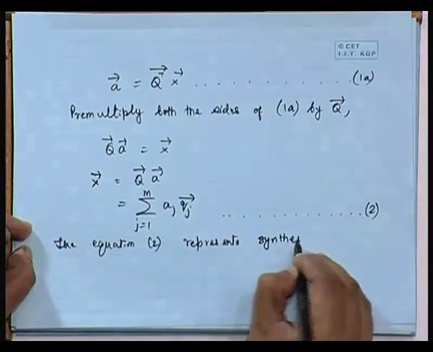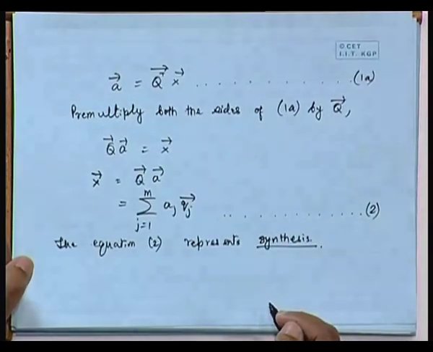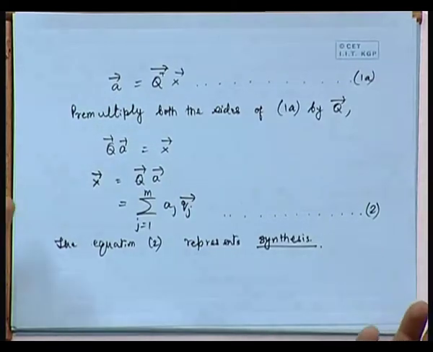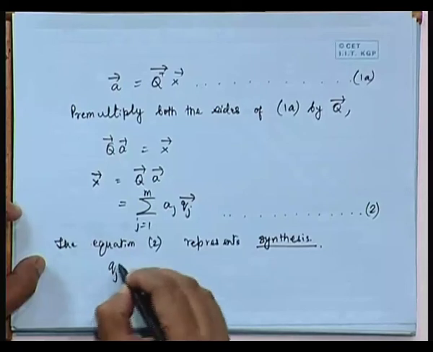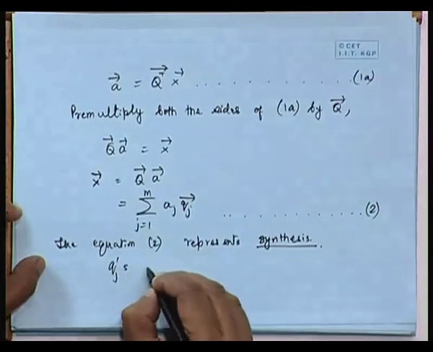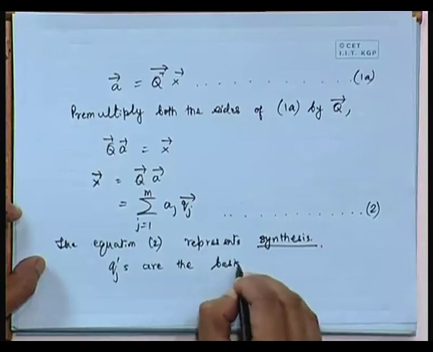And in order to have a synthesis, what are our basis vectors for synthesis? The Q_j's act as the basis vectors for synthesis.